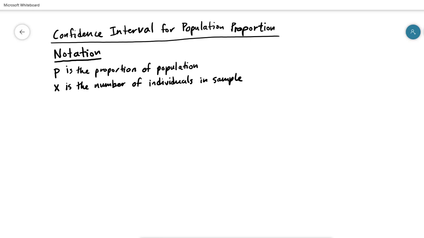Let me just say P is the proportion of the population in that category of interest. And similarly, X is the number of individuals in the sample in the category of interest.